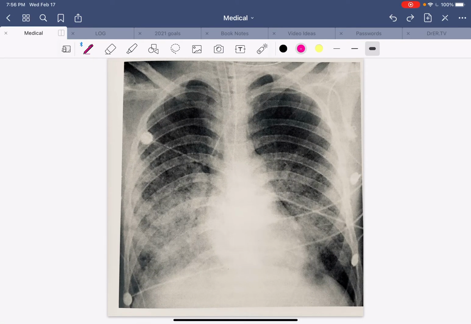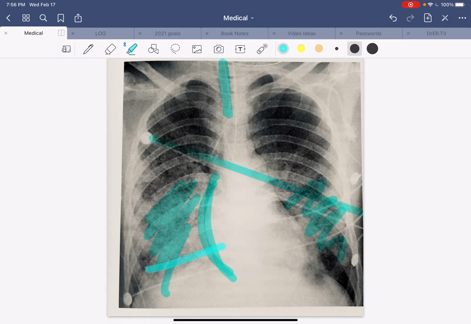Now, remember what we said before. Grossly abnormal, grossly normal x-ray, grossly abnormal x-ray. You can already see there is a lot of haziness in here. You can barely see that border right there, and you can see that there is something there that shouldn't be. That's an endotracheal tube.